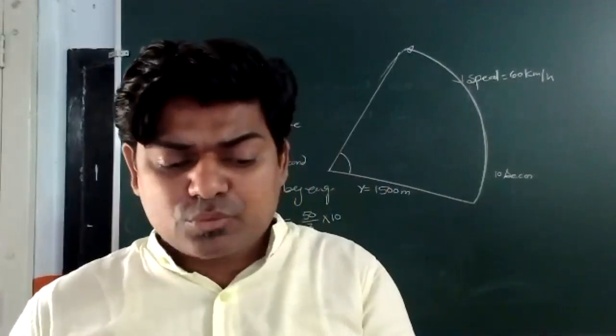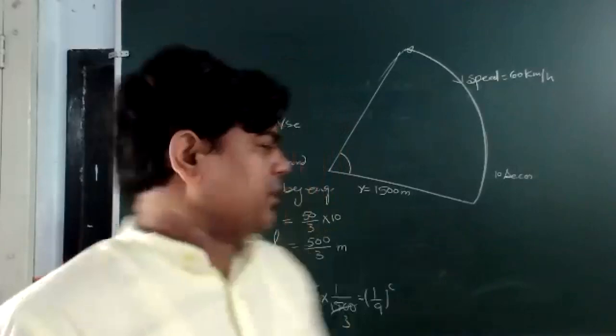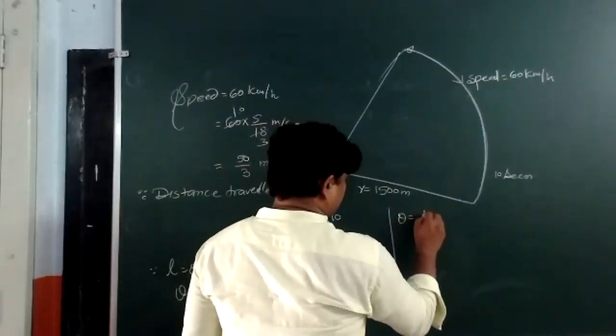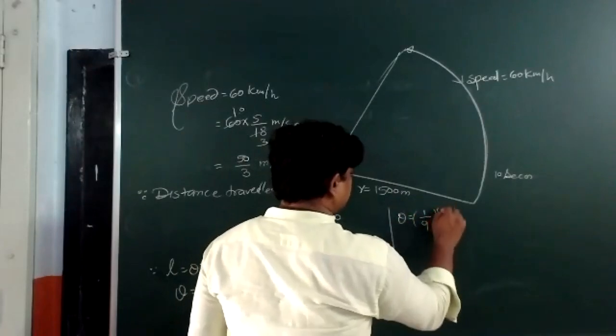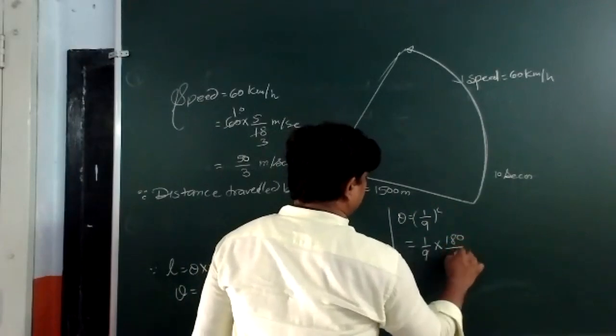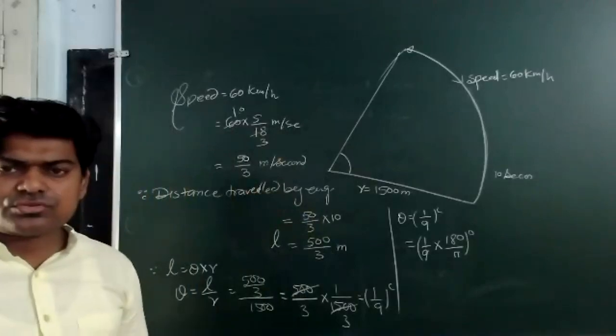But we have to find the angle in degree. Is it? What am I having? I am having theta is equal to 1 upon 9 radian. It can be written as 1 upon 9 into 180 upon pi degree. Say yes or no?